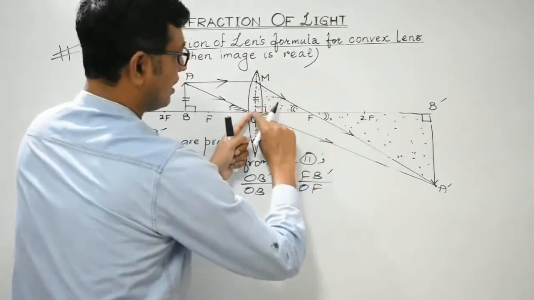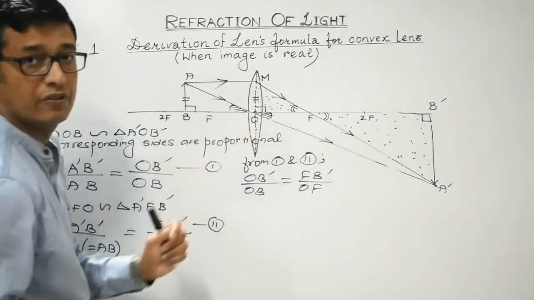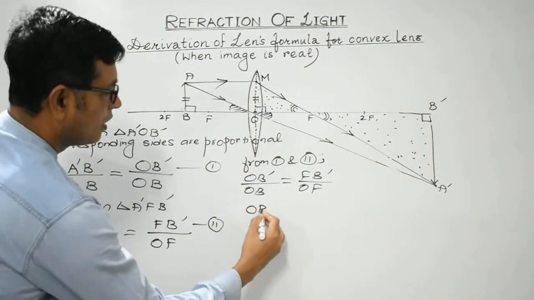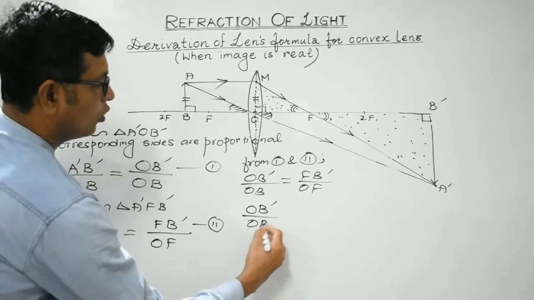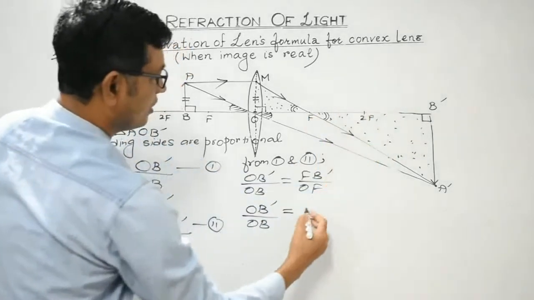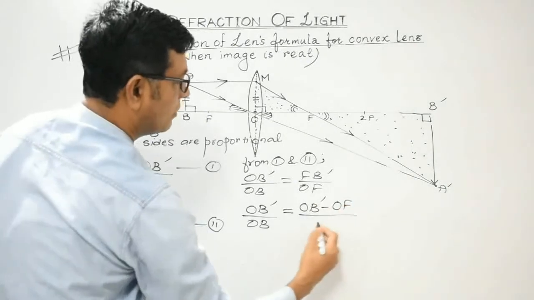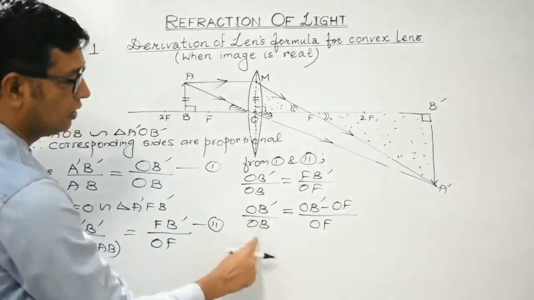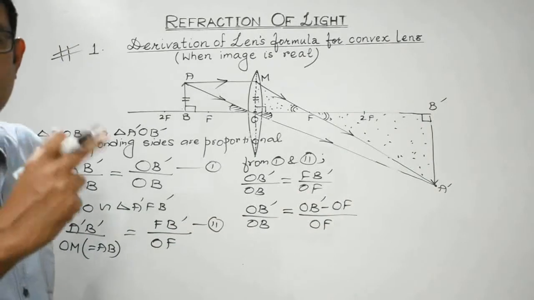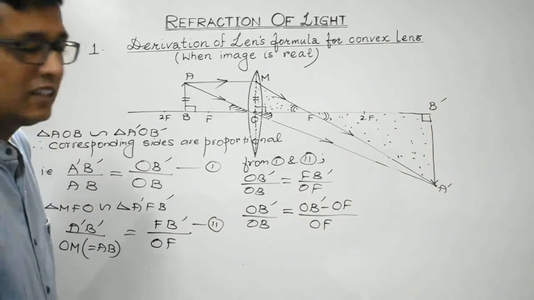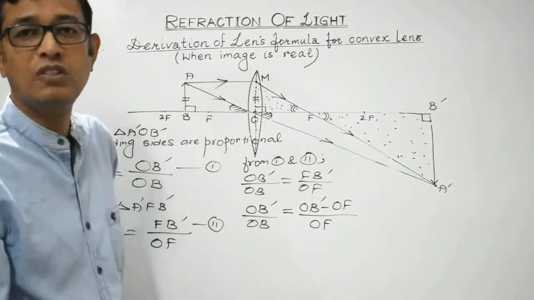So OB dash divided by OB is equal to OB dash minus OF divided by OF. Now all the terms are starting with letter O. Right? Now we can make use of Sign Convention.